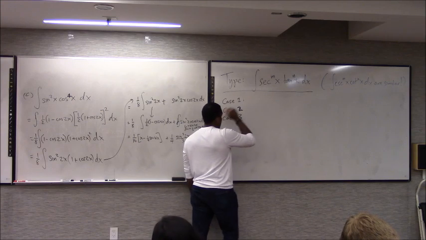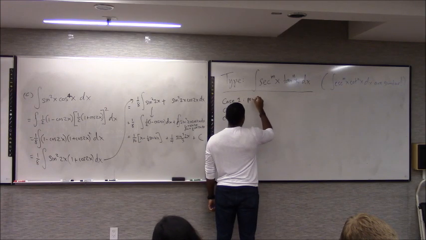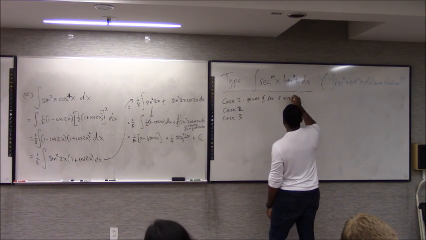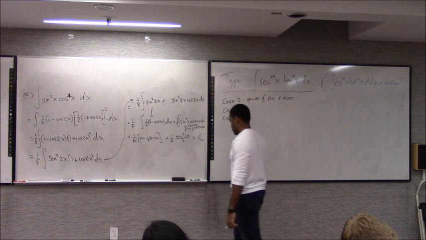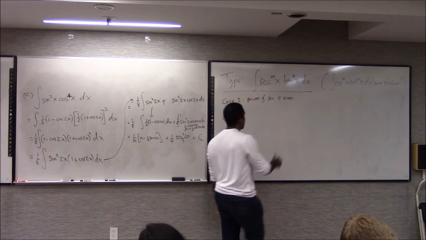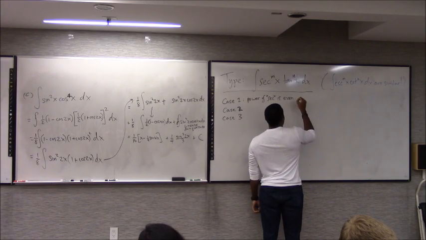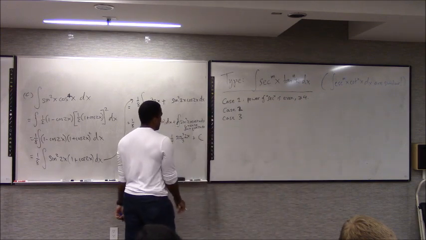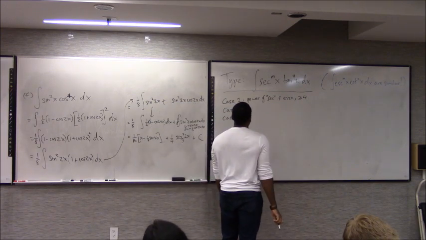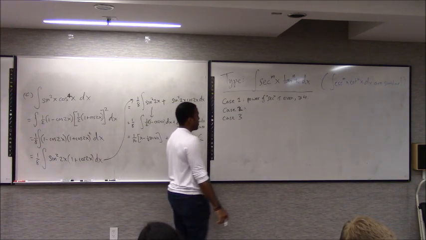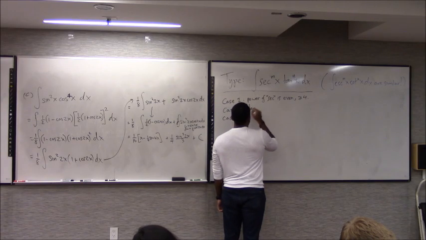So this is when the power of secant is even, the next one is greater than or equal to 4, and the next one is if the power of tangent is odd.